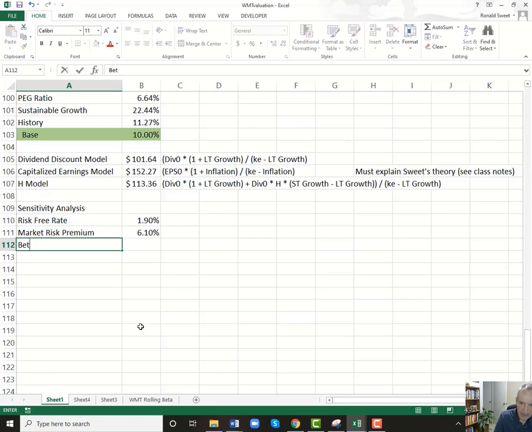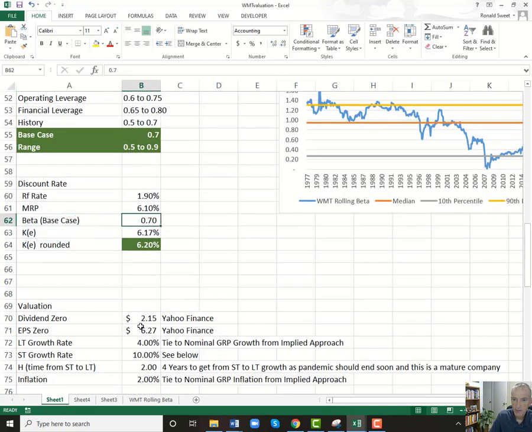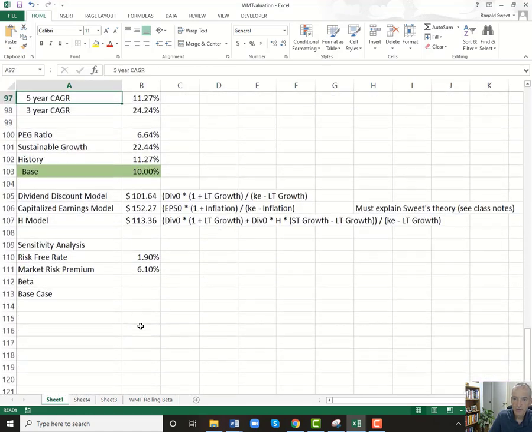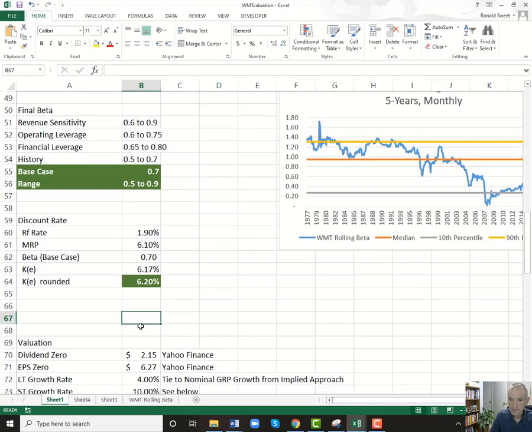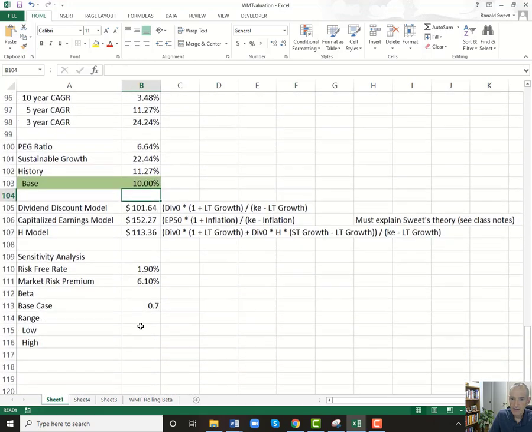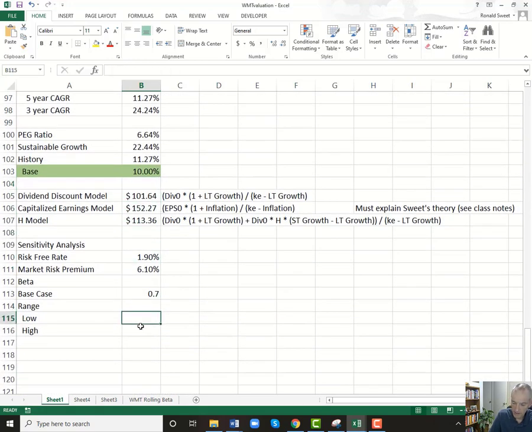And then we said on beta, we have a base case. We wanted our base case to be 0.7. That makes a lot of sense for a firm like Walmart, 0.7. And we said our range would be a low to a high. We said the range would be 0.5 to 0.9. So 0.5 would be the low, 0.9 would be the high.